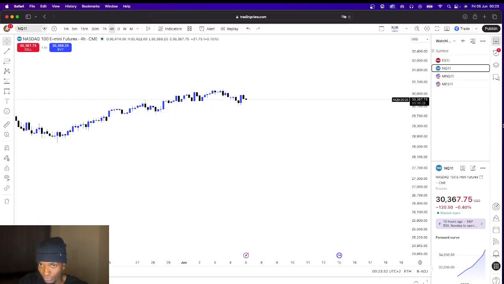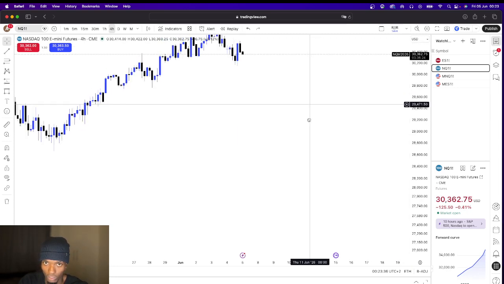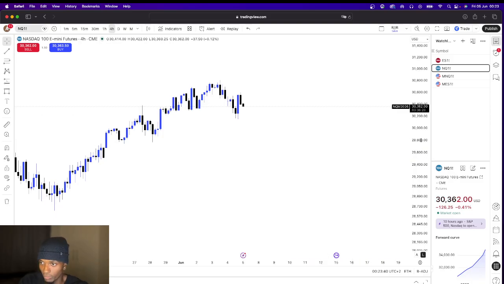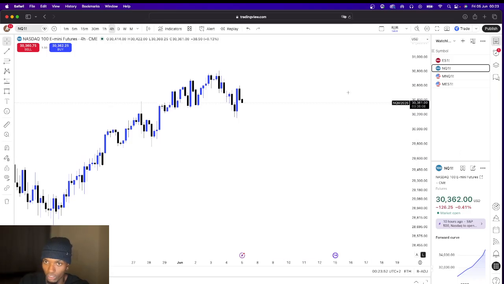Now, what are we looking for? Either a move up and a move down, or a move down and a move up, so that we know whether we are bullish or bearish. Bullish is for an uptrend, bearish for a downtrend, by the way.